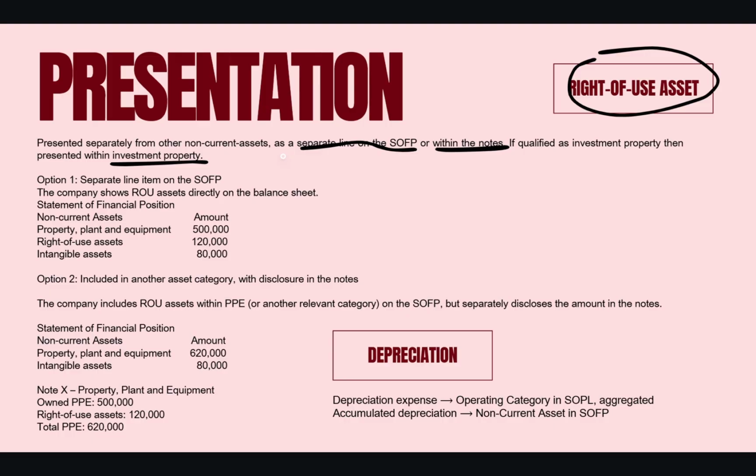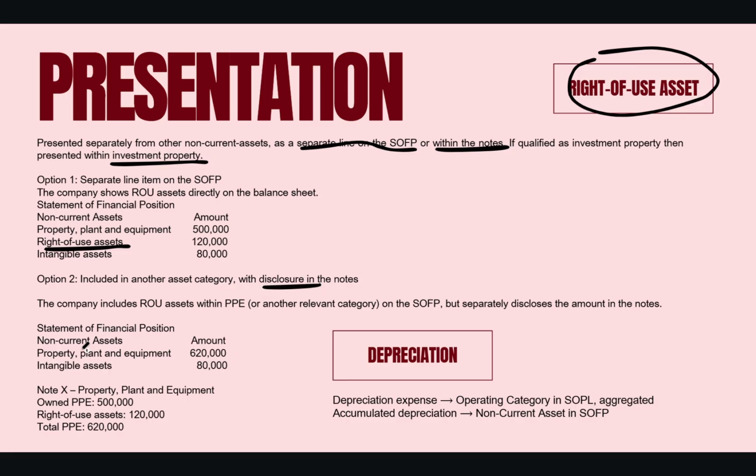The first one is a separate line item on the SOFP. Basically, your SOFP will be looking like this. There will be PPE, and then there is right of use assets. However, if you choose to include it in one asset category and give the right of use asset in the disclosure, then you can do it like this.